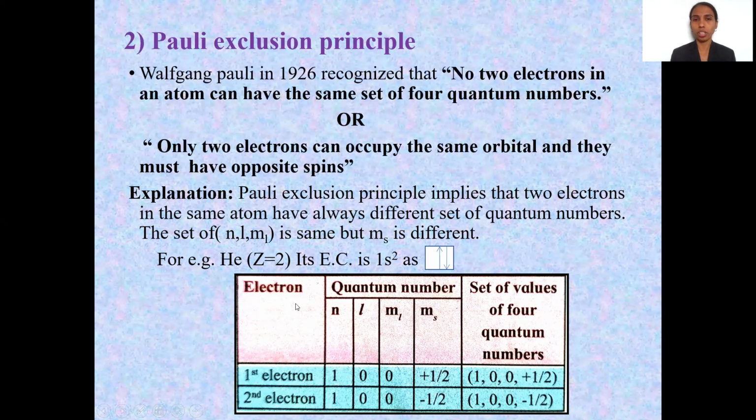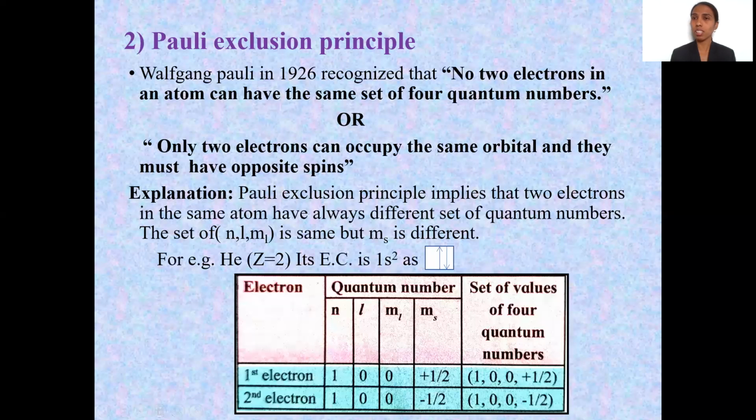So if we consider the first electron of these 2, its quantum numbers are: n value is 1, l value is 0, ml value is 0 and ms value, that is spin quantum number value, is plus 1/2 because spin is upside.